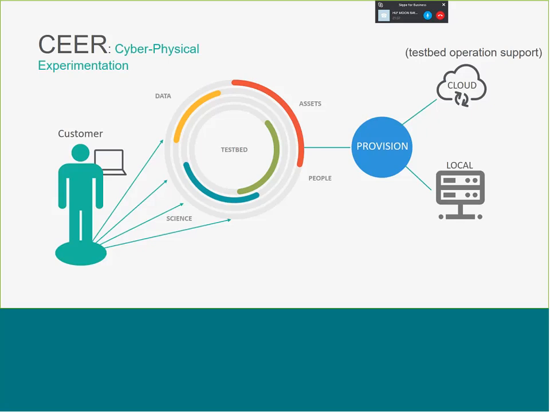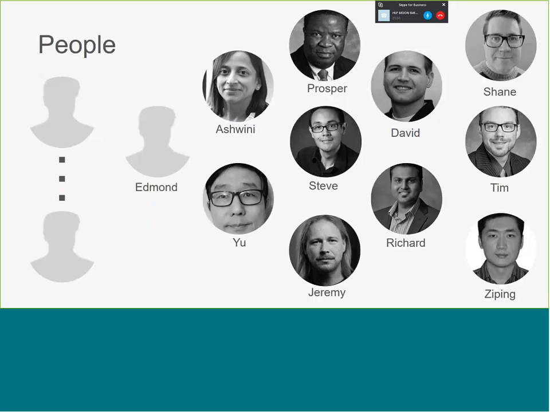The testbed itself then does asset provisioning, and it does that mostly locally, but we also have the ability to provision things in cloud instances, as you've seen in summer school events and other things that allow us to carry out our work.